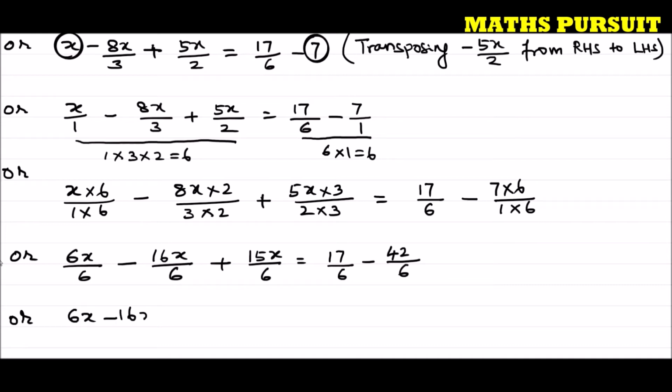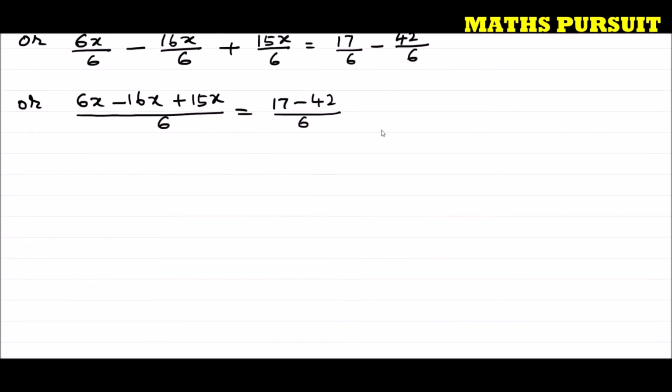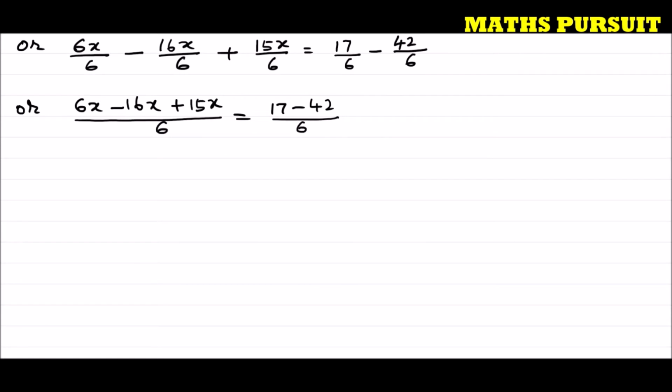6x minus 16x plus 15x, 15x upon 6 is equal to 17 minus 42 upon 6. So what we got? We got here 6x minus 16x plus 15x upon 6 is equal to 17 minus 42 upon 6. 6x minus 16x is minus 10x, minus 10x plus 15x is 5x.